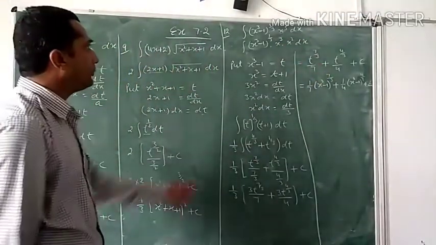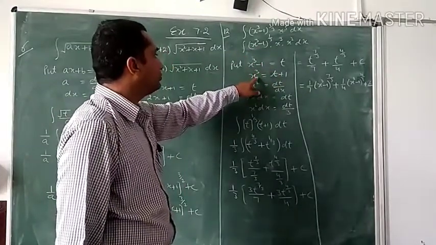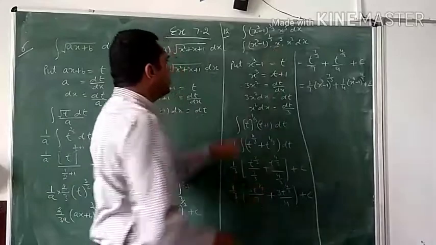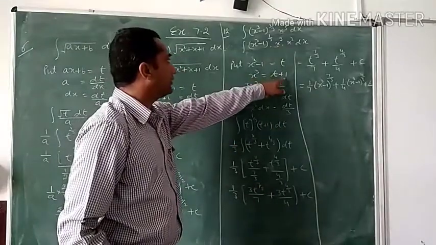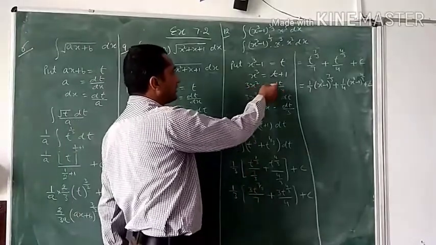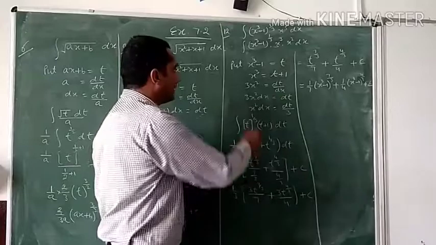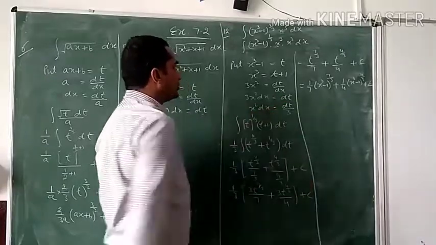So now you can put x cube minus 1 is equal to t, because you need here x cube is equal to t plus 1. Differentiating both sides with respect to x, 3x square is equal to dt over dx, and 3x square dx is equal to dt. x square dx is equal to dt over 3.